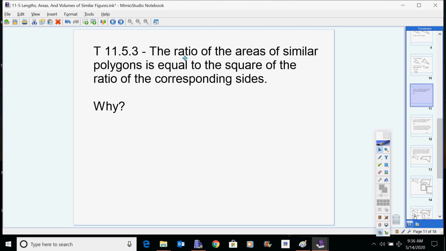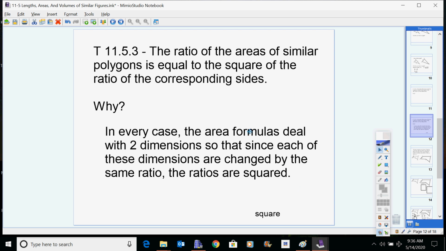Think about it. Area does deal with square units. It's how many squares it takes to cover it over. So area is a whole different concept. It includes 2 dimensions rather than 1. And even if it's an oddball shape, it comes out so that the ratios have to be squared in order to equal the area ratios.